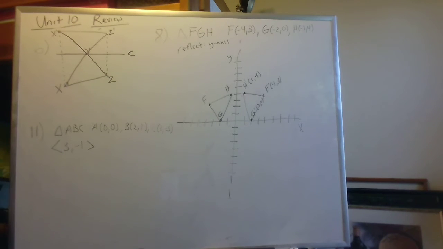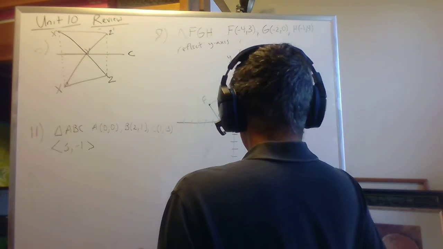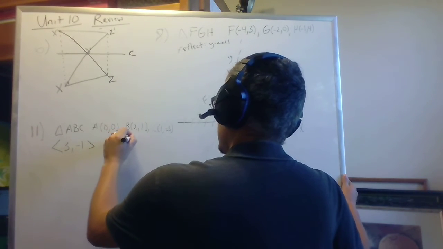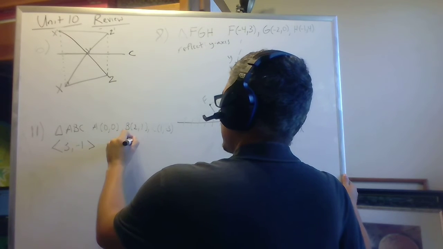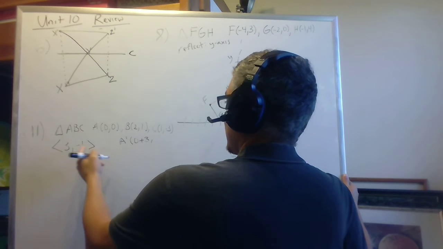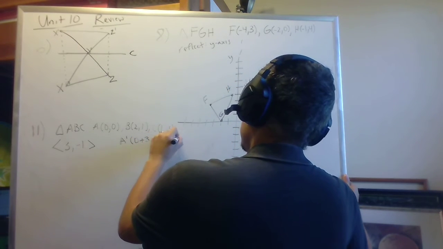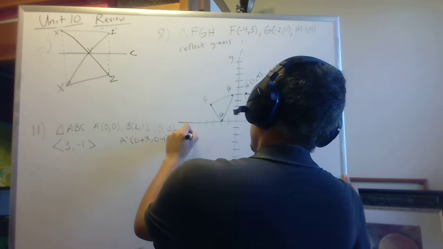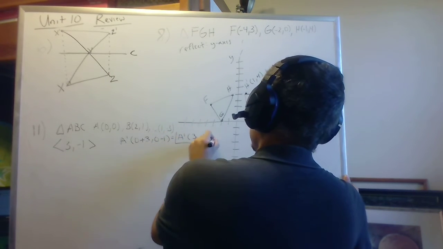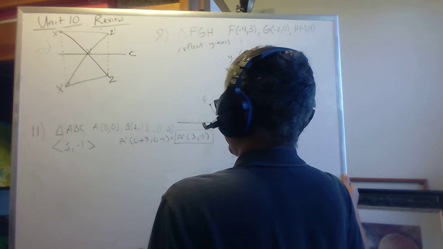So essentially, in order to do this problem, what I'm going to do right away is A prime. What we're going to do is take the x coordinate, which is 0, add 3, and then we're going to have 0 for the y coordinate and subtract 1. So A prime is going to equal 3, -1. Okay.